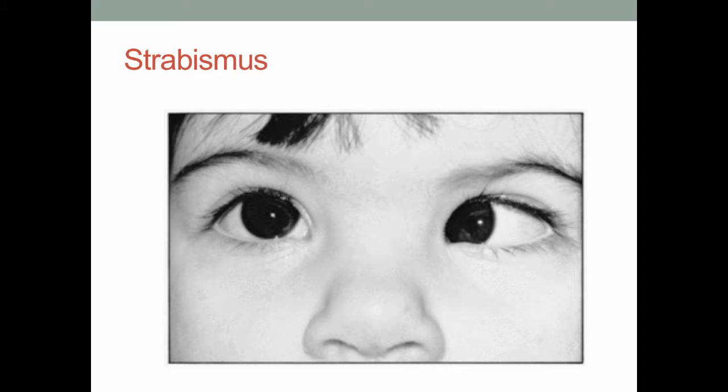And if the child has strabismus or a wandering eye or a lazy eye, you will see that the corneal light reflex will not be equivalent in both eyes when you quickly move what's occluding that eye. And this is a classic picture of strabismus.